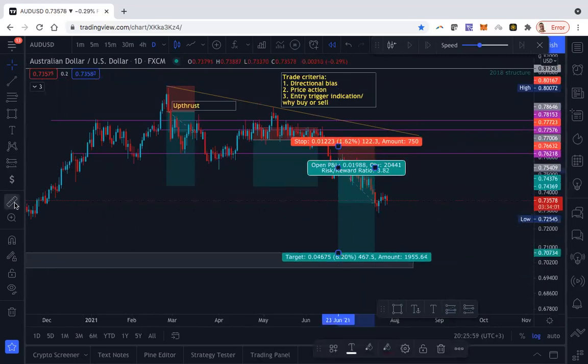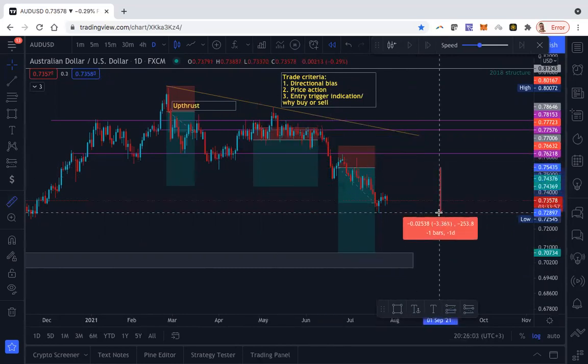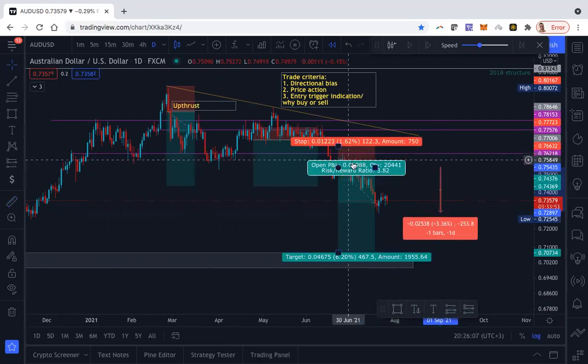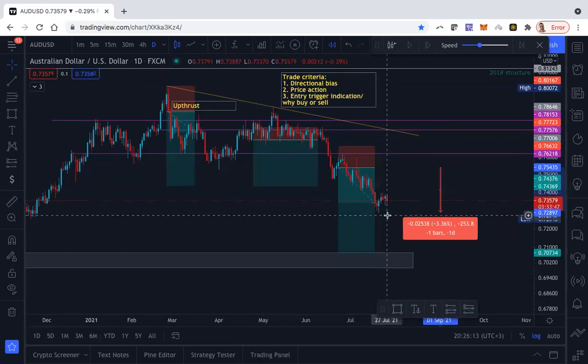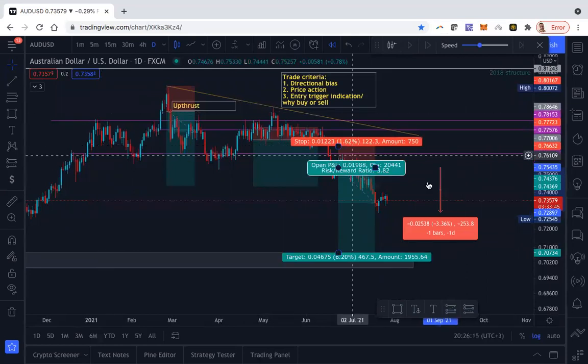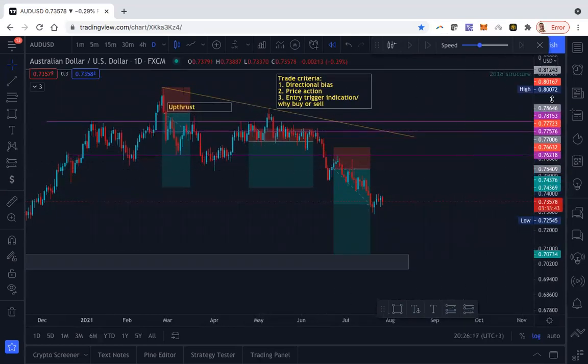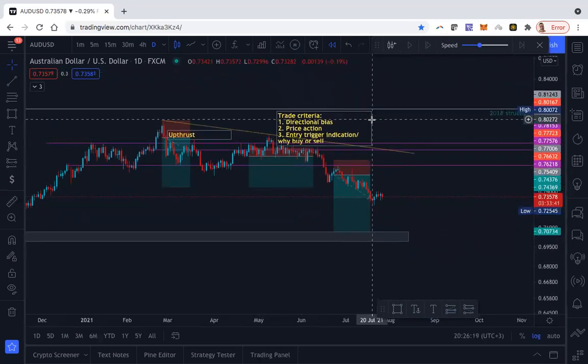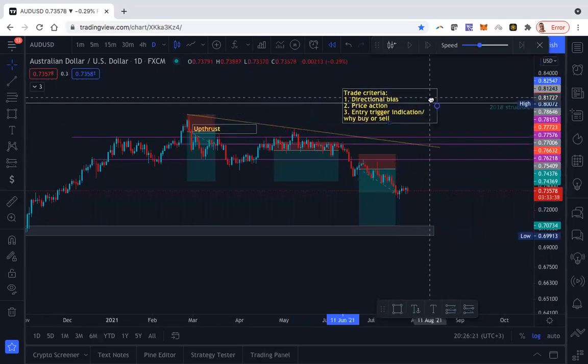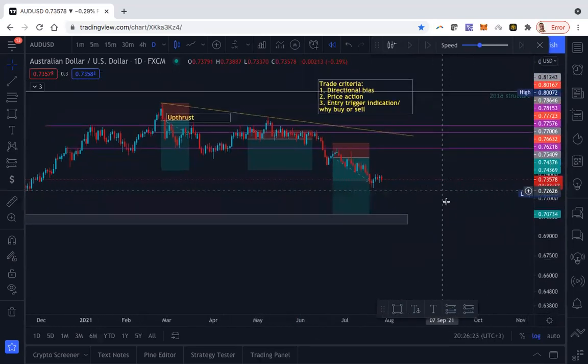So from this last entry, we've done about 253 pips, okay? With some drawdown here, we kind of got caught up in around 2nd of July, and then now finally we dropped. But in terms of swing trading, it just tests your patience, okay? That's basically it.